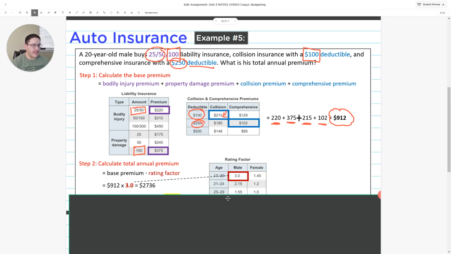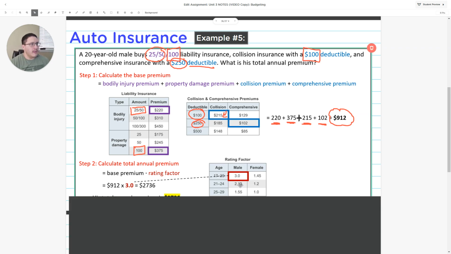The next thing we have to keep in mind is the rating factor. Rating factor is based on age and whether you're a male or female, and it's all based on statistics. Males at the 17 to 20 age have a rating factor of 3, which means we're going to multiply $912 by 3.